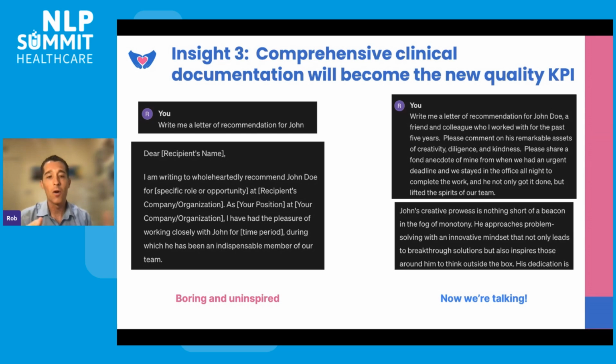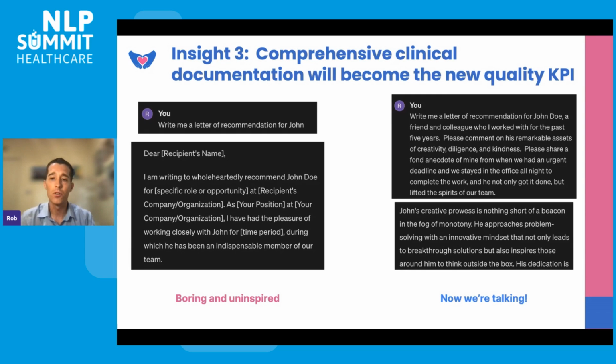And it does an okay job, but the output is kind of boring and not really inspiring. Whereas if I give it a prompt that has quite a lot of detail and context about John, this is a friend and colleague, I've worked with them for 5 years, here are his strengths and weaknesses, here's an anecdote from when we worked together, the output that we get from that is really quite strong.